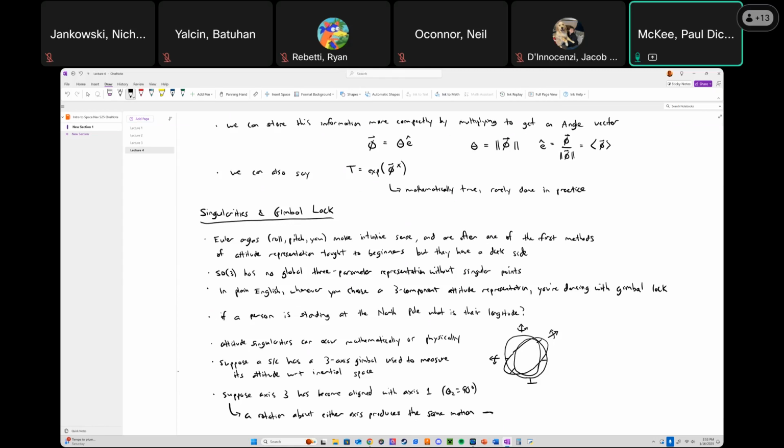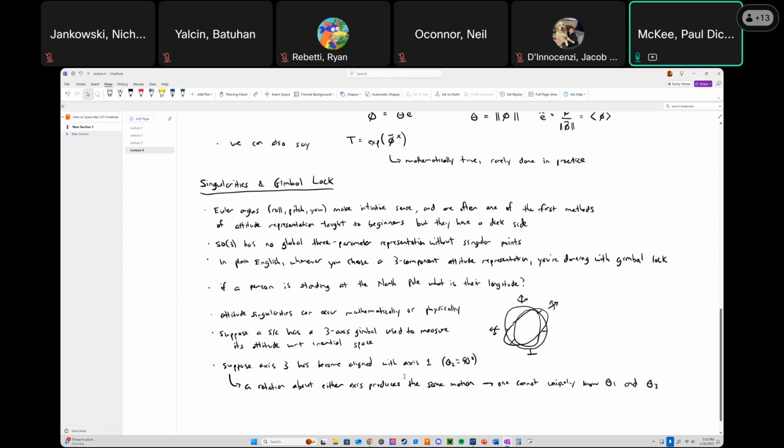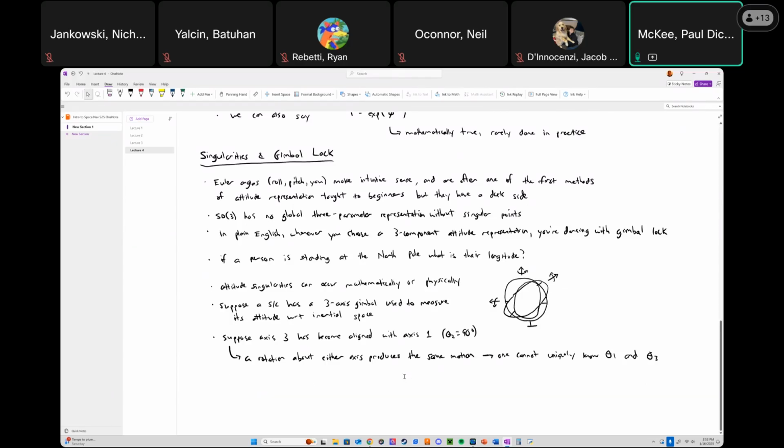Therefore, one cannot uniquely know theta 1 and theta 3. So in this circumstance, it's physically stuck. You're going to need to reach in with your hand and spin it around because you're not going to be able to get it fixed without some manual intervention.